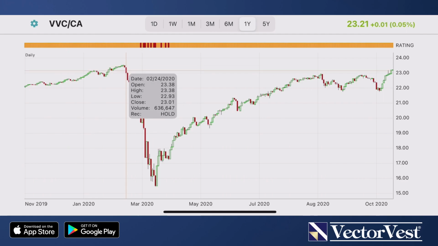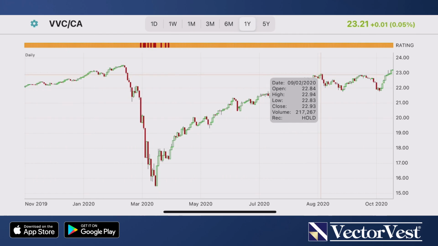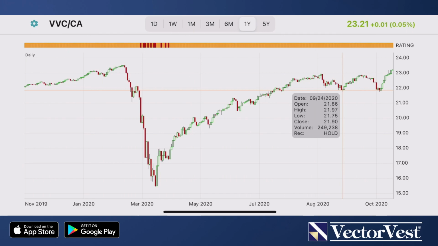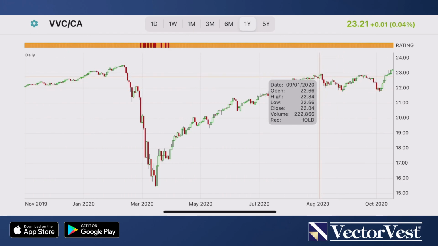But as I was mentioning, recently, we've really seen sideways action coming in the market here. We've seen the top of the channel right about here based off that high on the 2nd of September. And we've seen the lows really coming in here set around the 24th of September. Closing price was at $21.90, so we'll call that 22 just to make it an easy number to remember. And the highs set right around $22.84, so we'll call that $22.85 just to make it easy.